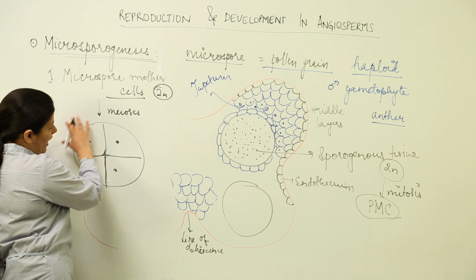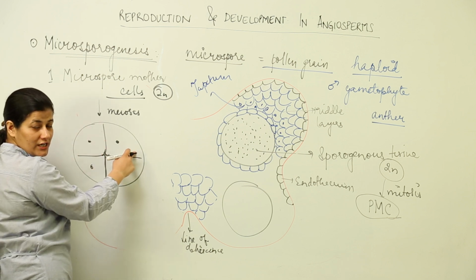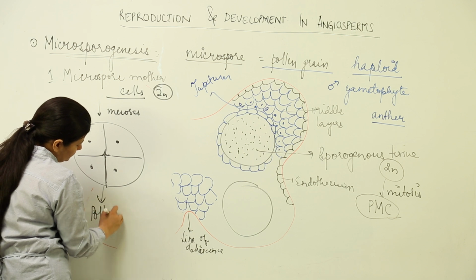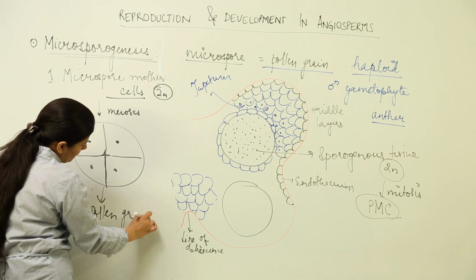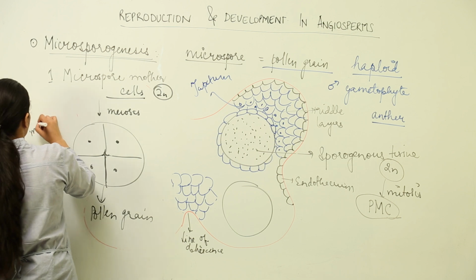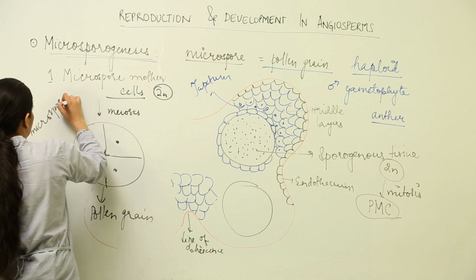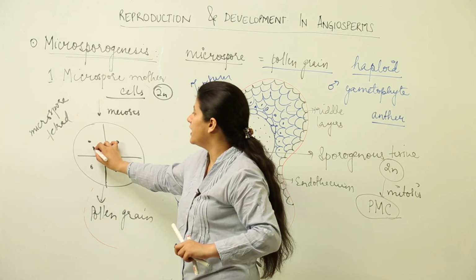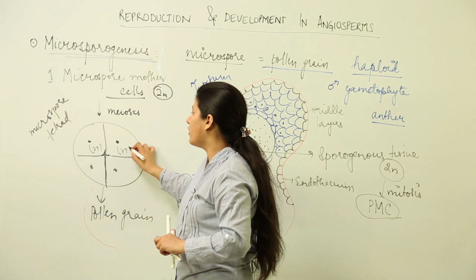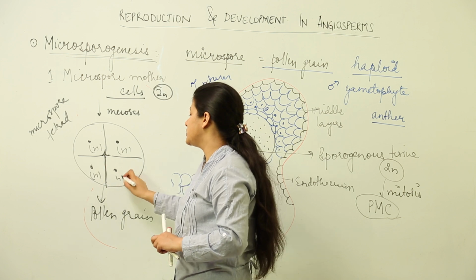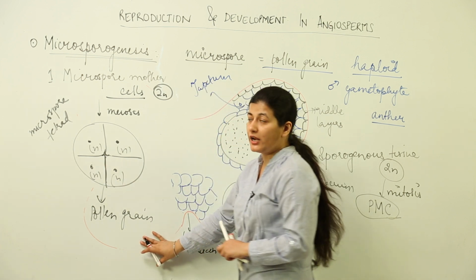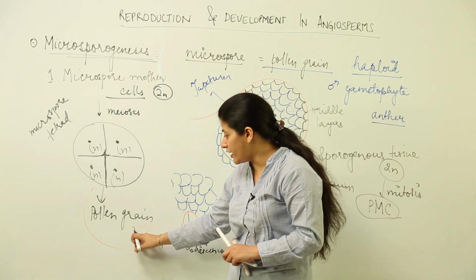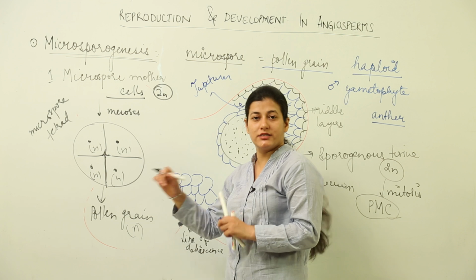They dry up, and each part of the tetrad becomes the future pollen grain. Now this is microspore tetrad. 4 cells are being formed. Individually, each one of them is N, haploid. And we have reached the stage where the pollen grain or the microspore is being formed. This microspore is haploid in its composition.